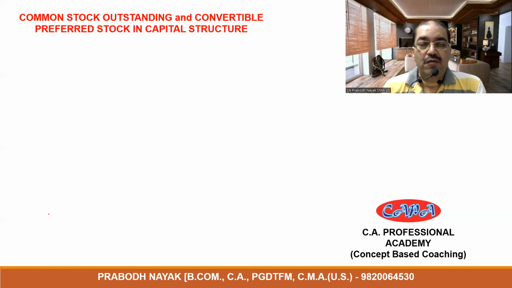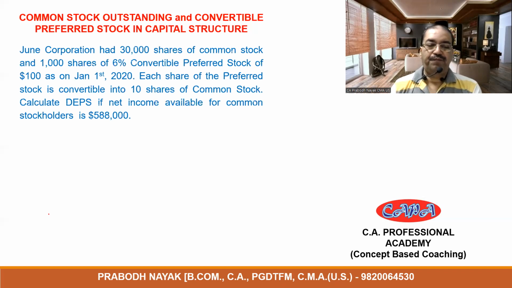So where is the dilution? Dilution means it should be less than $10. So then it is anti-dilutive. Okay, fine. Let us take an example on this. June Corporation had 30,000 shares of common stock and 1,000 shares of 6% convertible preferred stock.